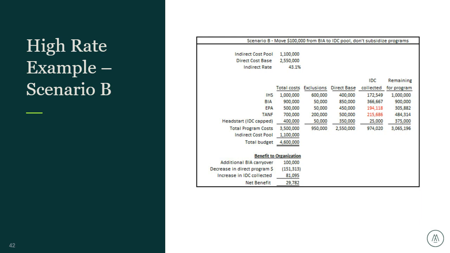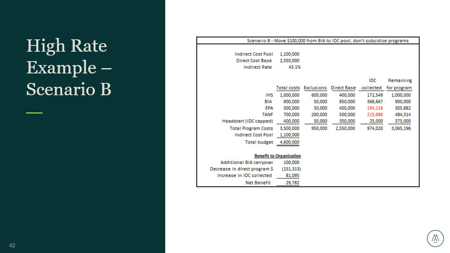And also in this example, we would assume that there is no ability to subsidize those programs that are non-638 programs. Overall, after we update all calculations, the effect of using a higher rate and moving this $100,000 from BIA to carryover will be calculated, and it's shown at the bottom of this table.